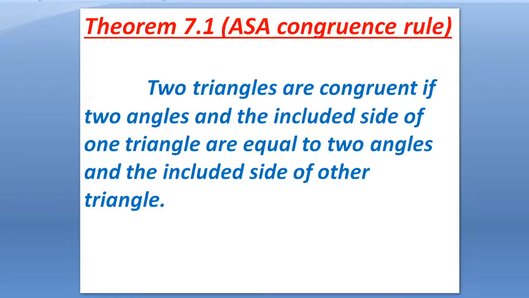So let me repeat, two triangles are congruent if two angles and the included side of one triangle are equal to two angles and the included side of the other triangle.